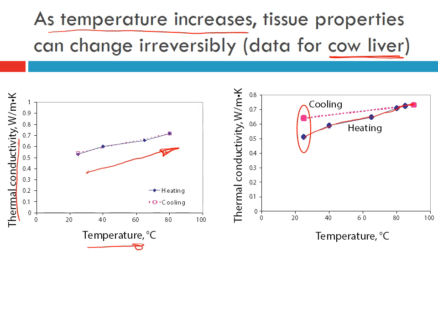So when you heat versus when you cool, and then you bring back to the same temperature, you don't get the same thermal conductivity because now the material is different. Its composition has changed, its structure has changed, so it has a different property. So biomaterials can get changed in an irreversible way with temperature because the material itself changes.